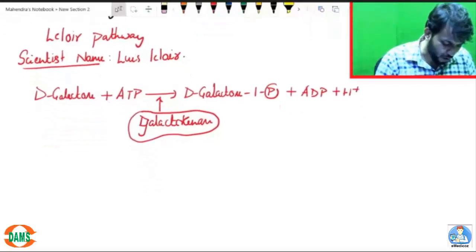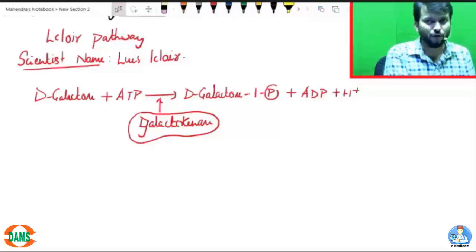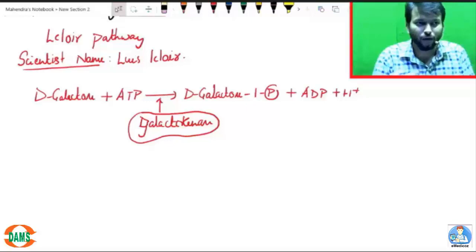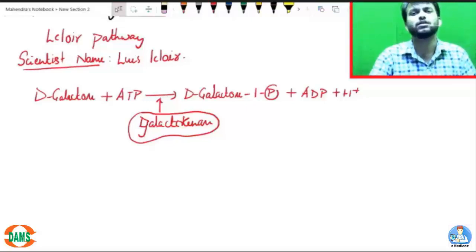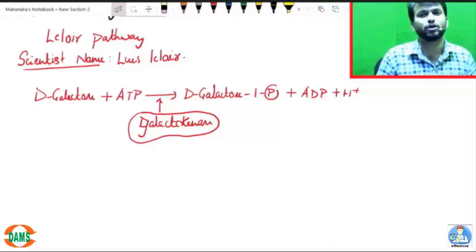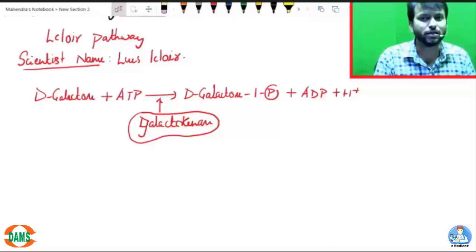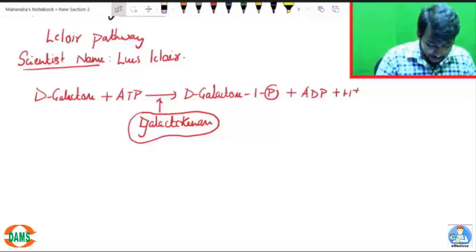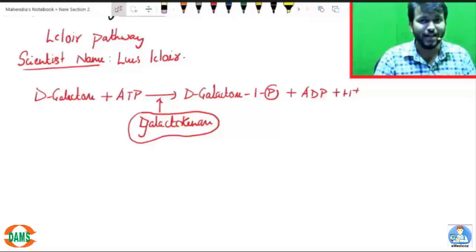Now, it's not easy to convert as in the case of fructose or mannose, where in the first or second step there is a conversion to an intermediate that forms in the metabolic pathway. But it's not so in the case of galactose. Galactose cannot enter into the glycolytic pathway in such a case.